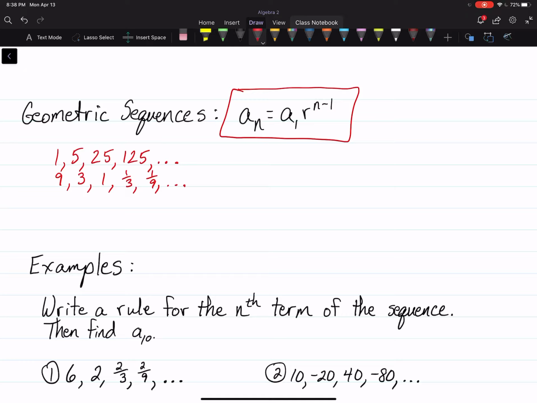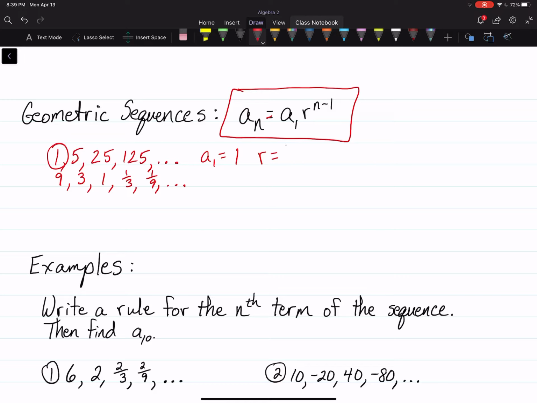So basically this will give you any term in the sequence. If we wanted to write an equation for this first one, my a1 is the first term, which would be 1, and my r is the common ratio. You can get the common ratio by dividing any number by the number in front of it.